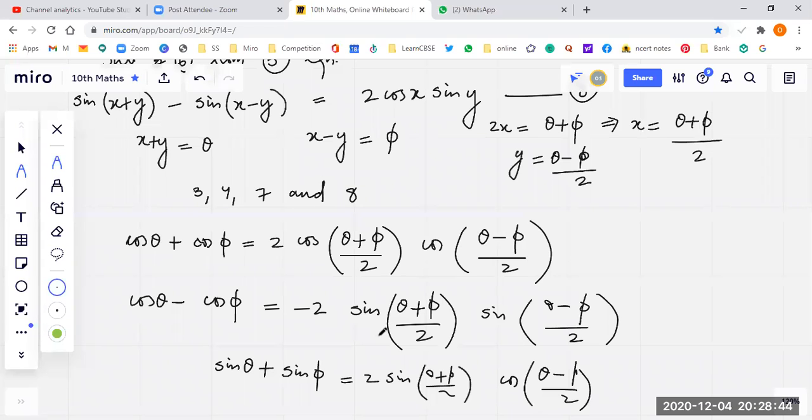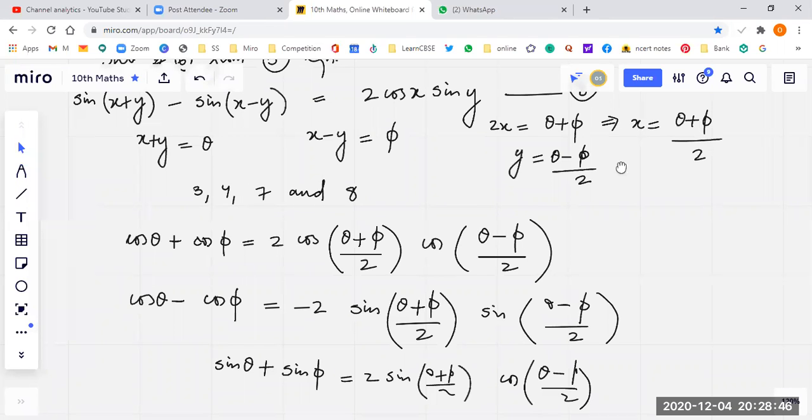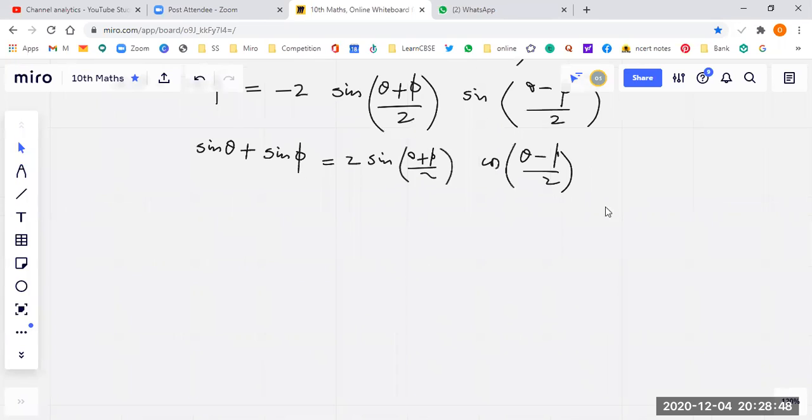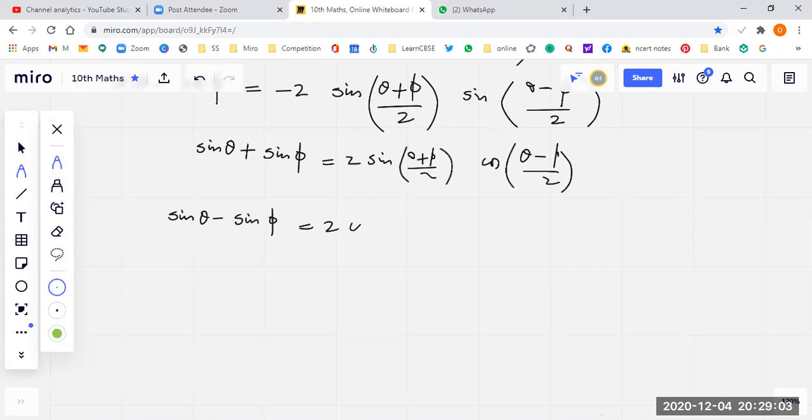So we get last one as sine theta minus sine phi is equal to 2 cos theta plus phi by 2 sine theta minus phi by 2.